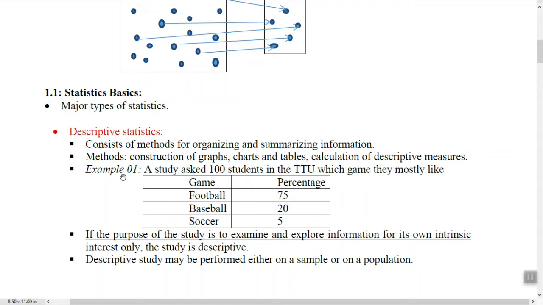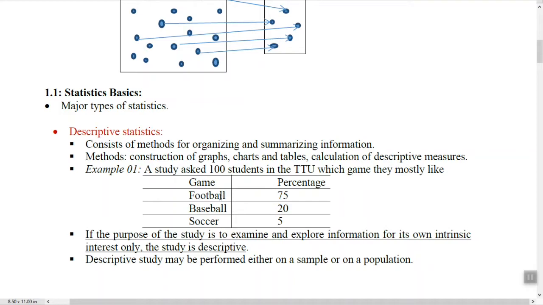For example, a study asked 100 students in TTU which game they most like. They have mentioned a few games: football, baseball, soccer, and they have mentioned the percentages for each of these games. This is what we call descriptive statistics. Here we have organized according to the games and summarized the information.